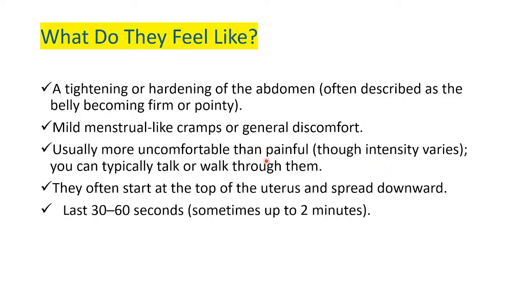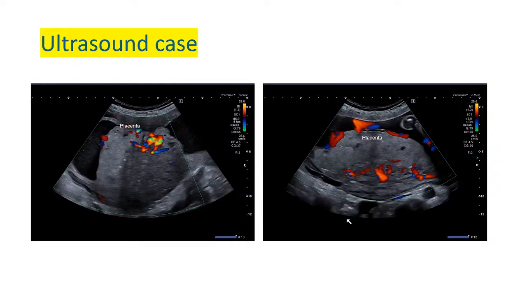You can feel mild contractions, you can be uncomfortable, but the intensity can vary. At times you can feel pain. You can typically talk or walk through them. They often start at the top of the uterus and spread downwards. They usually last from 30 to 60 seconds, sometimes up to 2 minutes. So there are variations in the duration.